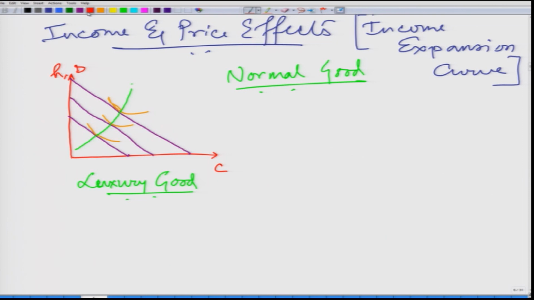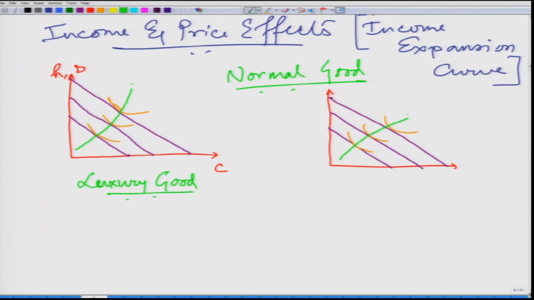What happens if health is not a luxury good, if it's a necessity commodity? Then with the increase in income, my income expansion curve will be something like this.